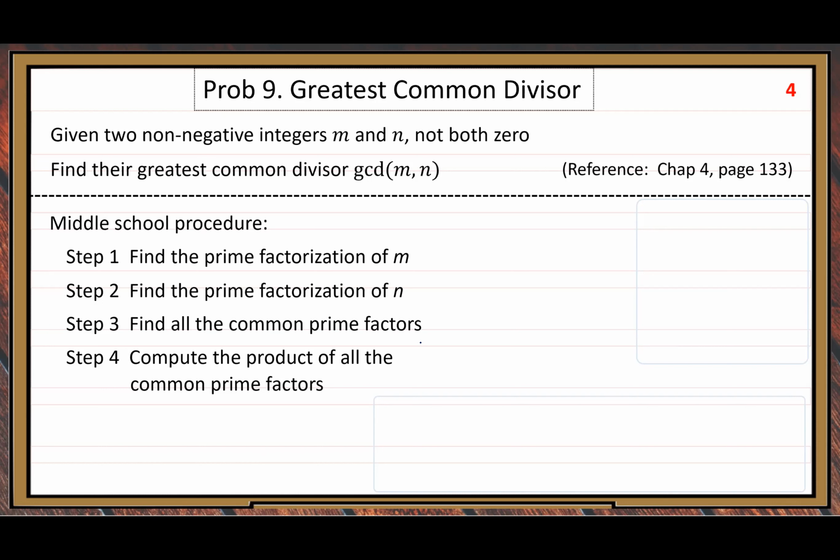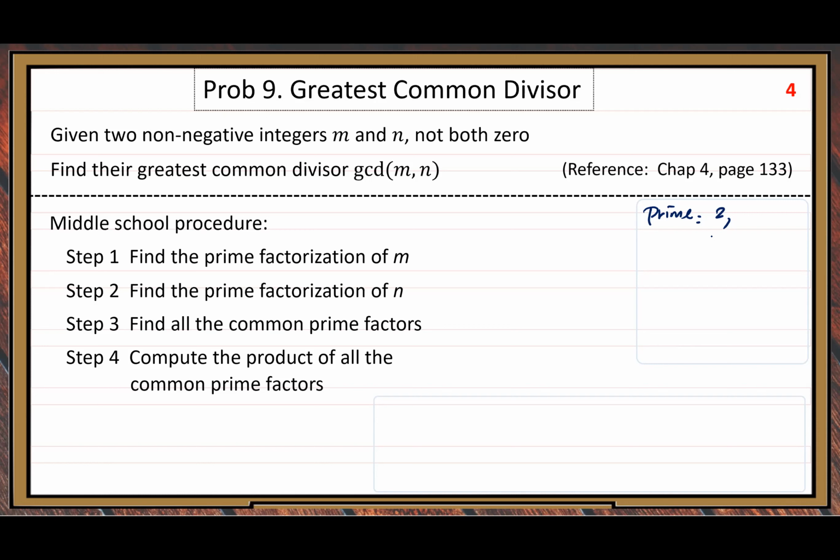I hope you still remember the meaning of prime. Let us just review a little bit. The first prime is 2, not 1. We do not treat 1 as a prime. 1 is not a prime. The smallest prime is 2. Its meaning is the only positive divisors it has are 1 and itself.